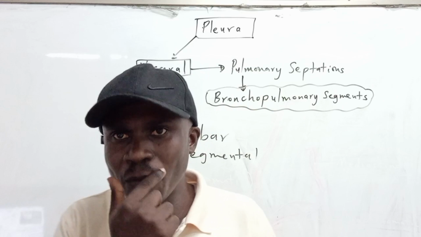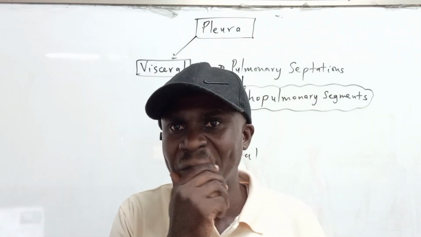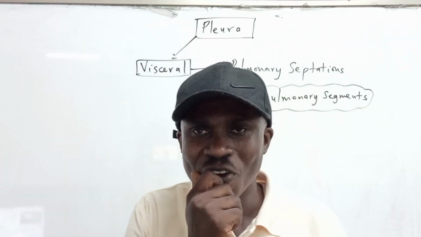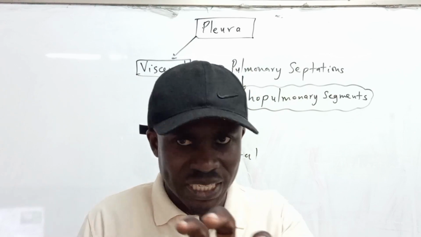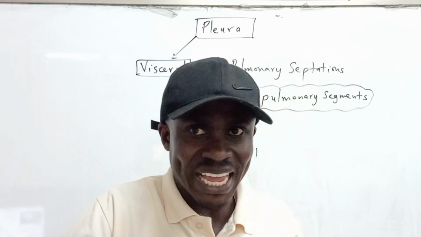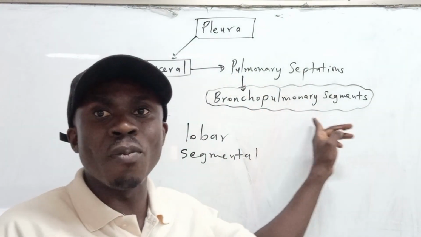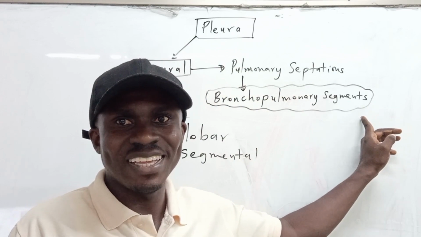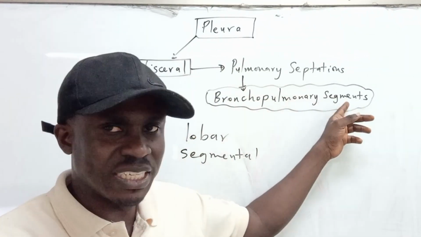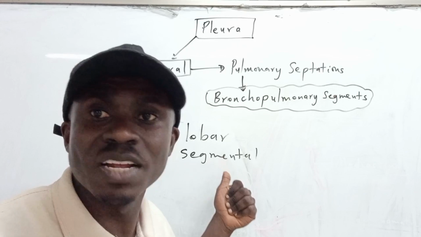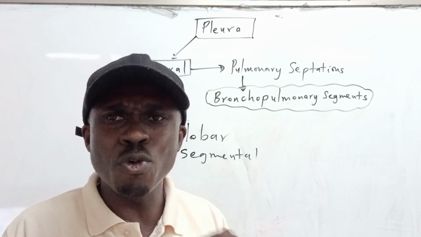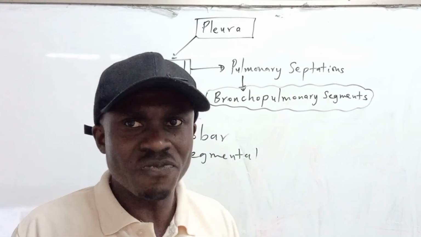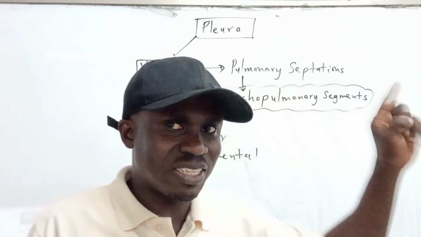The segmental bronchi are the ones which are going to aerate, give air to the bronchopulmonary segment. After all, you can see some segments in there.